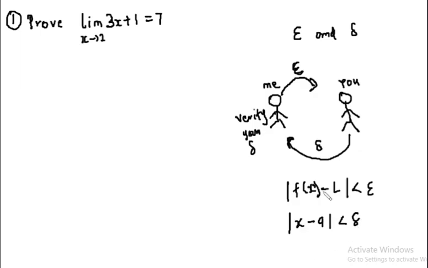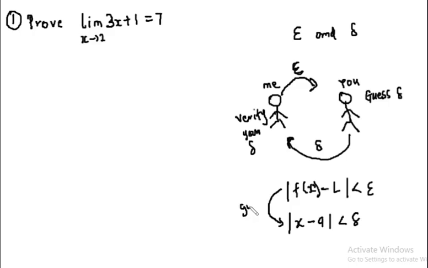Now, if you want to really know how these inequalities came about, I'll leave a link to another video here so you can easily understand what this means. But since we are solving examples, I'll be going straight to using them. So for this first step, on me giving you the epsilon, for you to be able to guess delta, you have to take this inequality and convert it to this inequality.